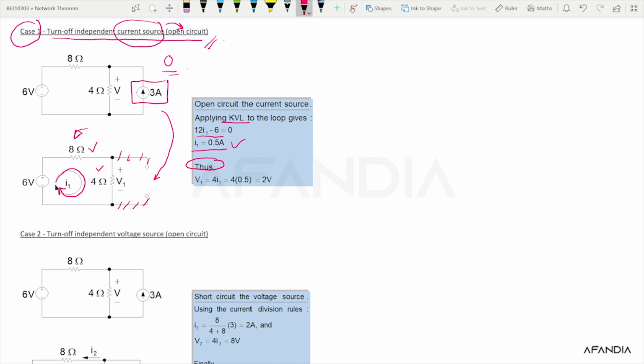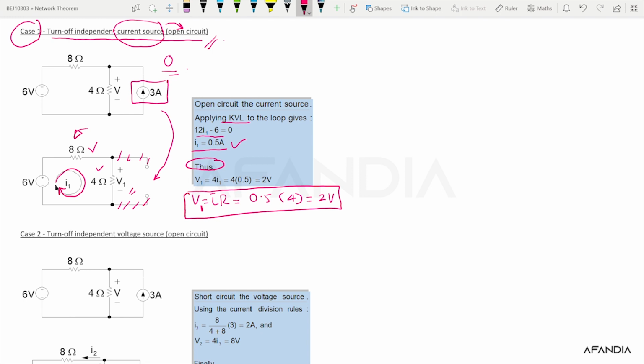Then we can write our V1 over here. You must remember this is V1 because we are dealing with an algebraic sum. So V equals IR, which is 0.5 times 4, and that gives V1. Remember, this is only for V1.